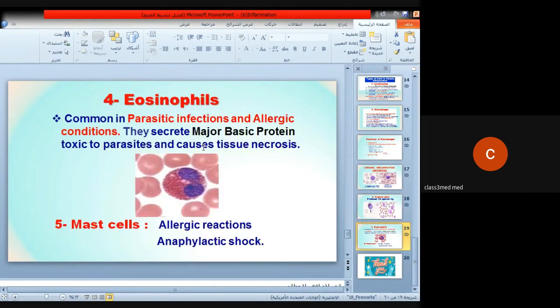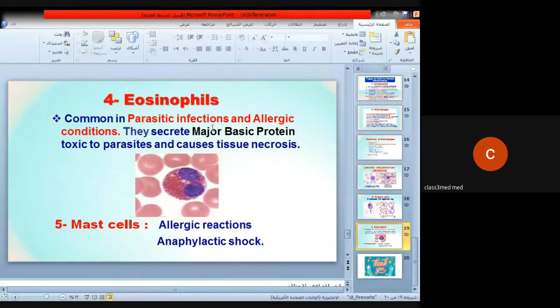Sometimes other cells are present in chronic inflammation, depending on the causative agent. Eosinophils are commonly seen in parasitic infection and allergic conditions. When there is an allergic condition or parasites in the tissue, the chronic inflammatory cells are mainly eosinophils. What is their function?